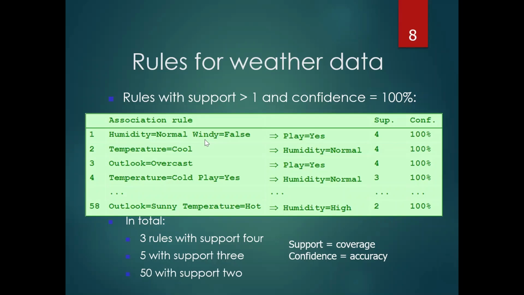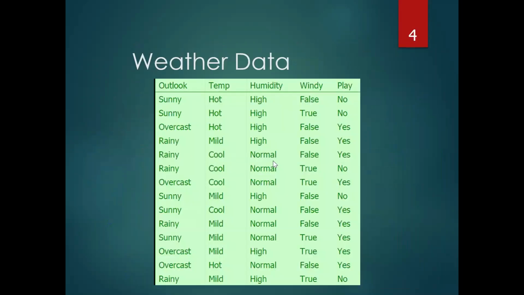Humidity normal, windy false. Let me check. That's what we are going to look at in our data set. Let's go back. This is my data set. Look at how many times humidity is normal and windy is false.